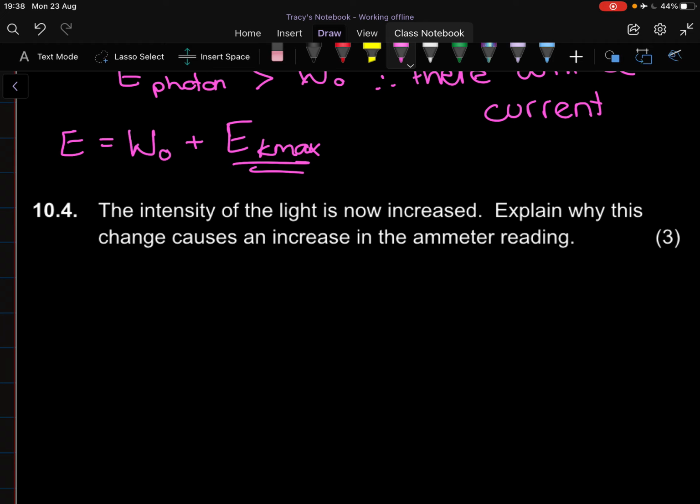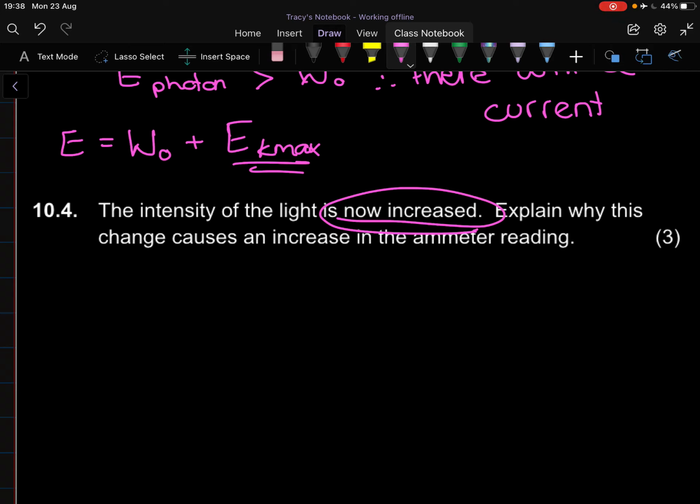Then they say the intensity of the light is now increased. Explain why this causes an increase in the ammeter reading.